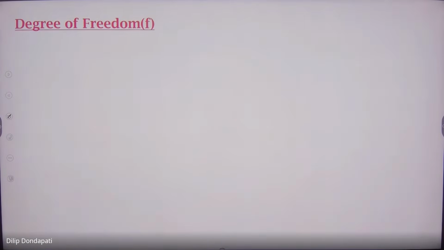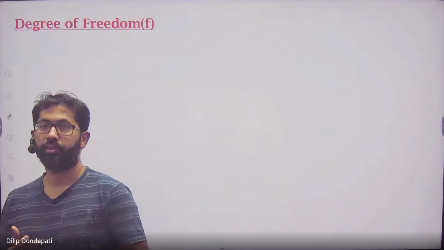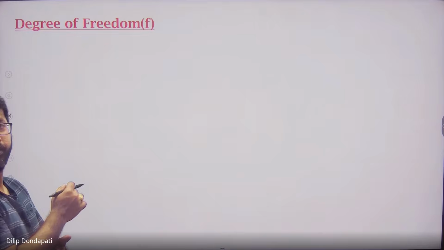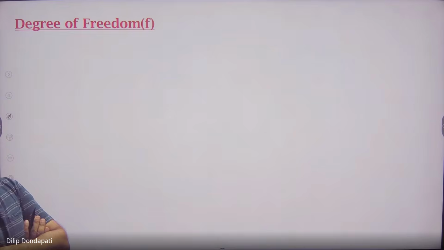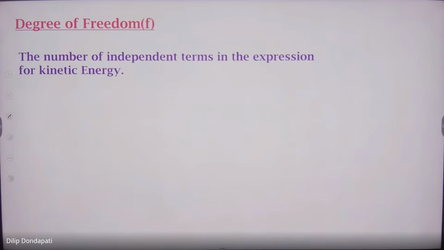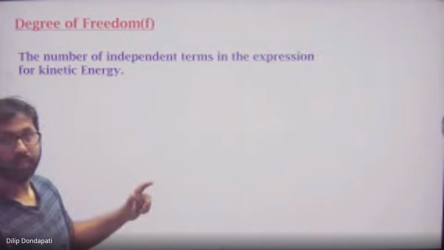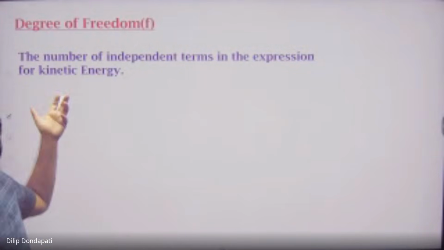We represent it as F, degree of freedom. So what is degree of freedom? Definition: degree of freedom means the number of independent terms in the expression of kinetic energy.